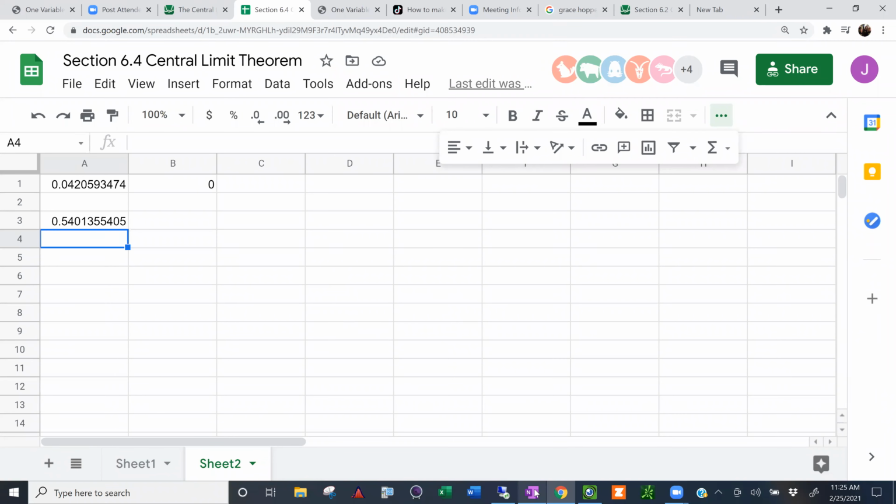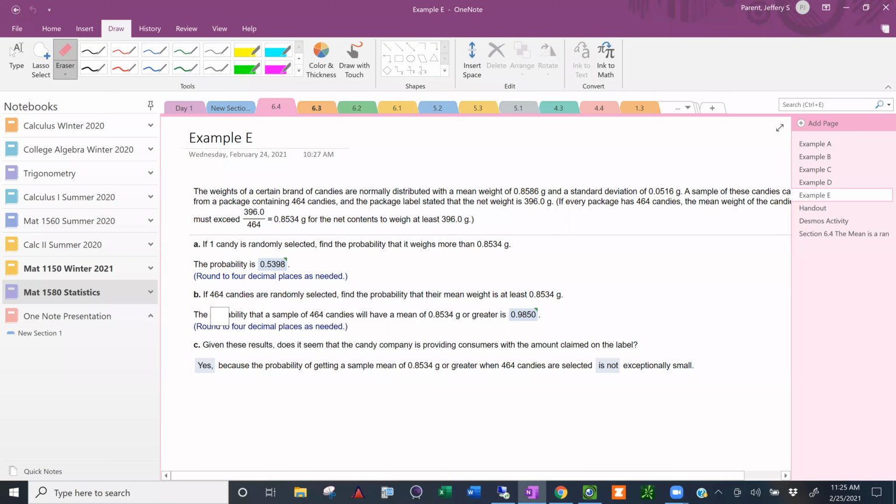Let's take a look at the second part of this problem then. If 464 candies are randomly selected, find the probability that the mean weight is at least 0.8534. So now we've got something different going on. The key thing to see here is that we're talking about 464 candies and their mean weight. The sample mean has its own distribution. So let's figure that out.